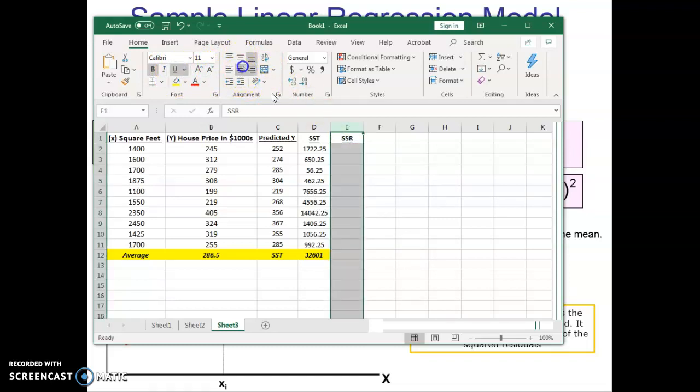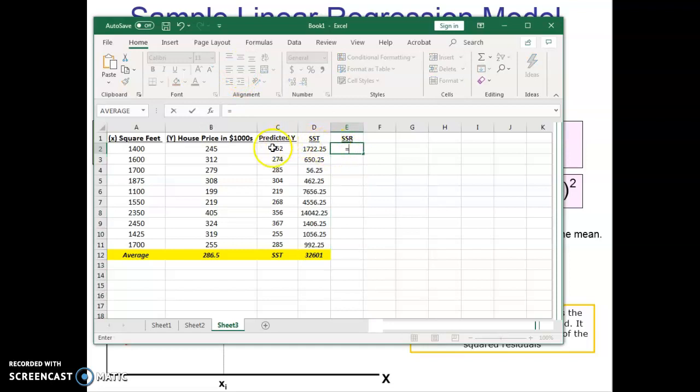We're going to put for this one a formula. It's going to be equal to our predicted y minus our average. And I need to lock this because I'm going to drag it down. And then I've got to square that.